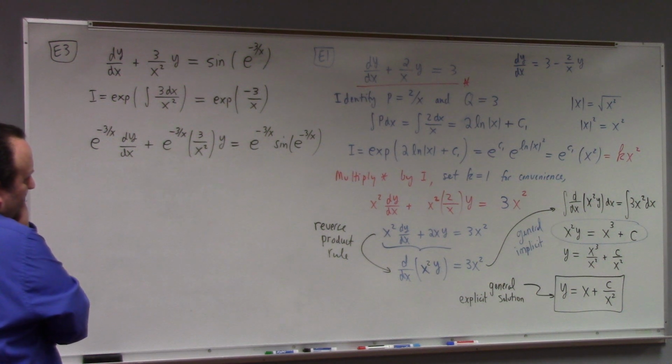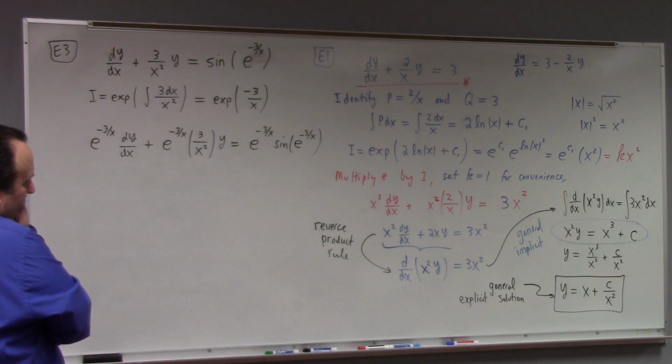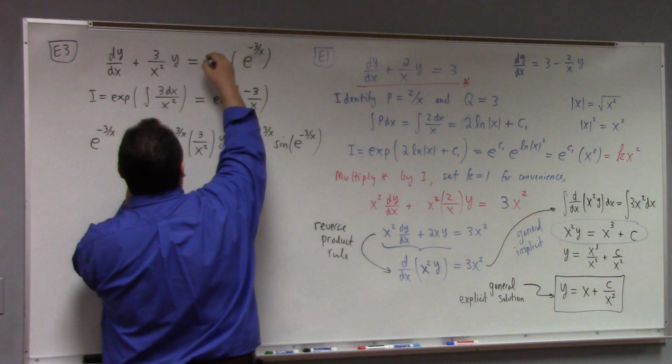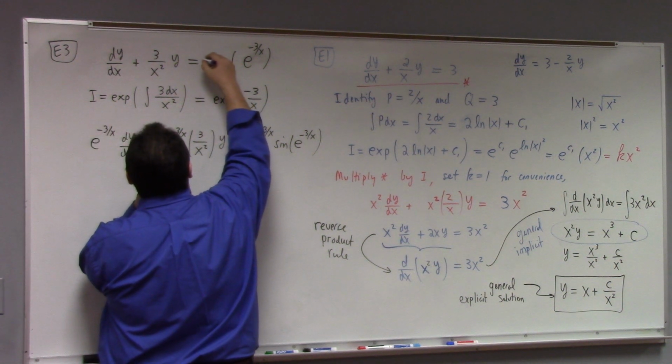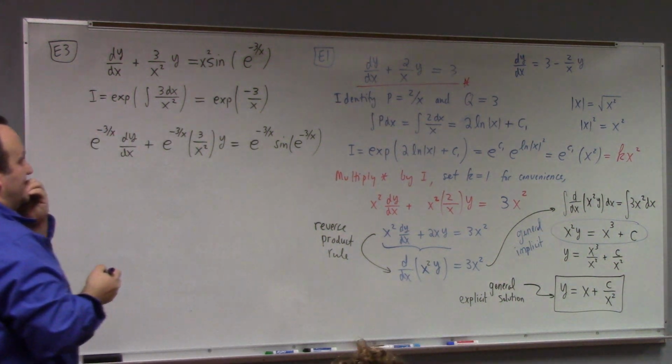I was thinking I'd make a u equals e to the minus 3 over x substitution, but then the problem is, I'm missing a 3 over x squared. So I'll just put an x squared right about here.